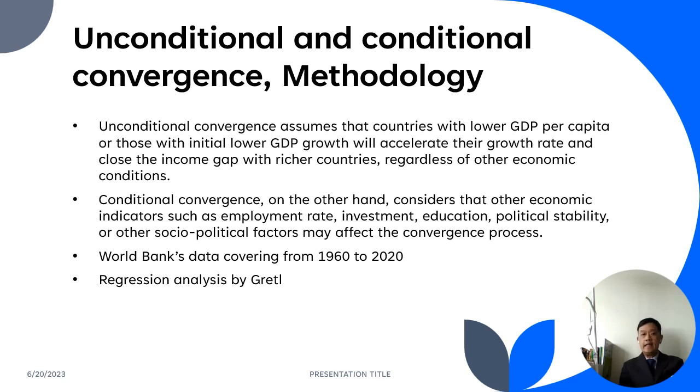To test this hypothesis, I used a variety of economic indicators from the World Bank's website, covering the period from 1960 to 2020, and I compiled and organized them in a format suitable for regression analysis.